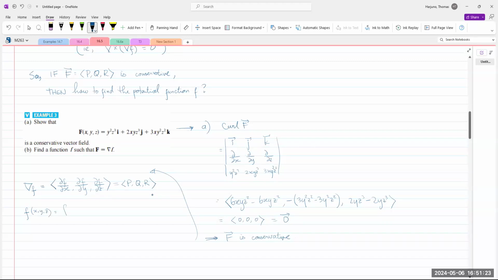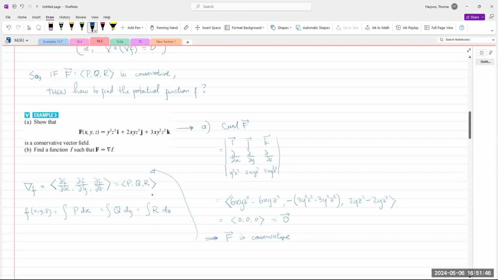First is the integral of P with respect to x, the integral of Q with respect to y, and the integral of R with respect to z. For this question, we can do it in any order.